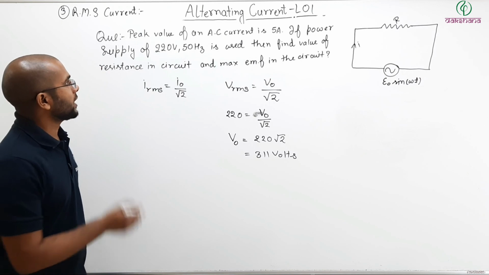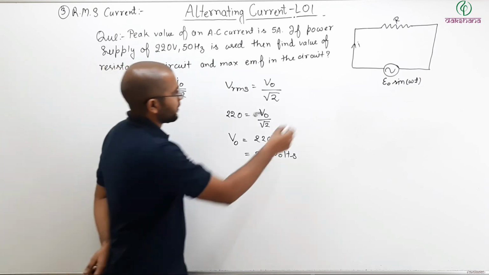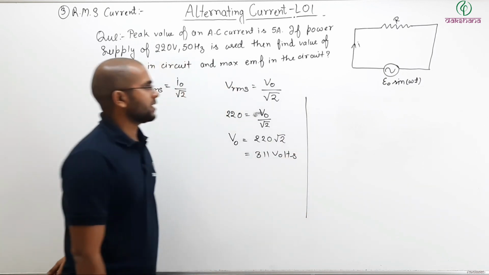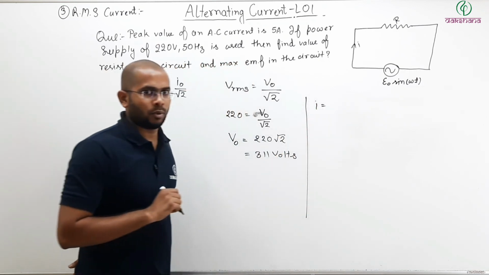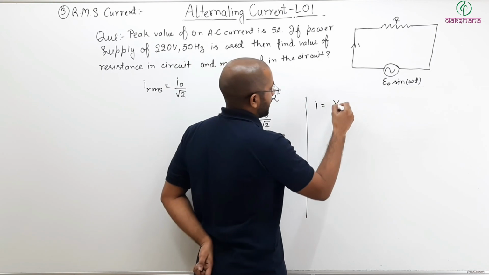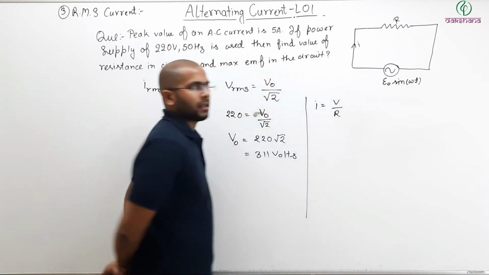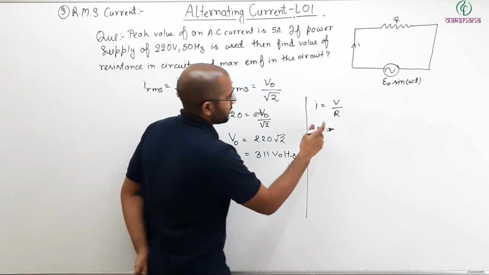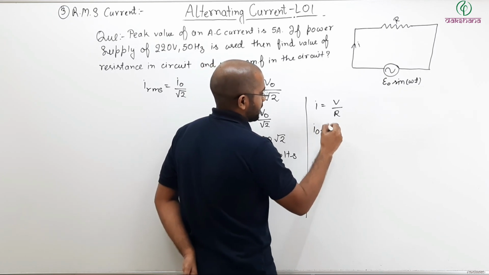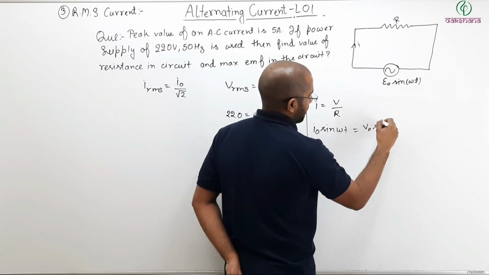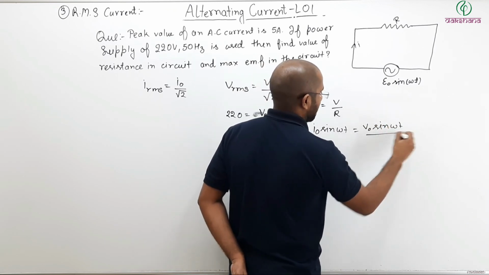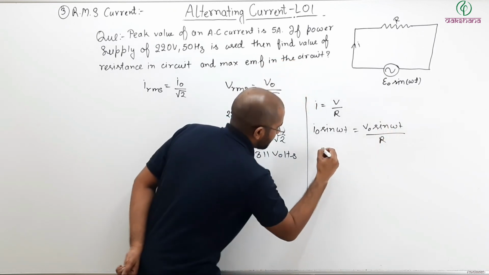Okay. Now what is the resistance in the circuit? If you remember, V is equal to IR, Ohm's law. So current is nothing but V divided by R. Current is I0 sin omega t, V is V0 sin omega t, divided by R. Sin omega t cancels.